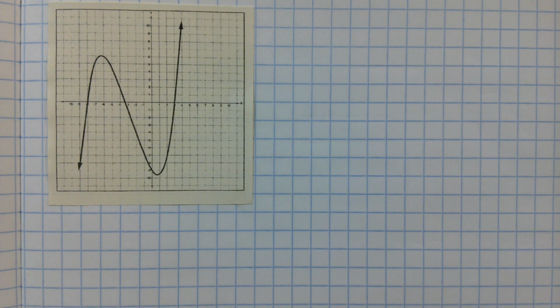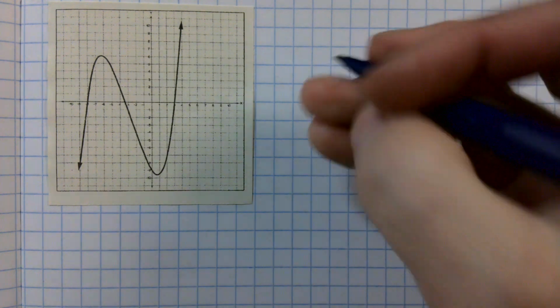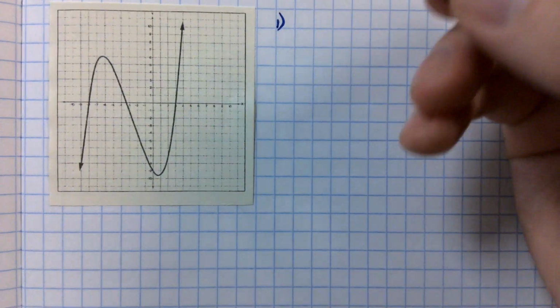Okay, this is a lot of steps. There's three x-intercepts. I'm gonna cry. Don't cry. 3.5. Is it a function?